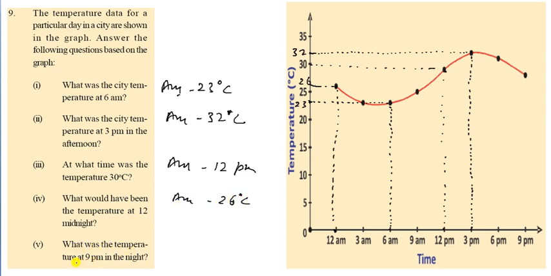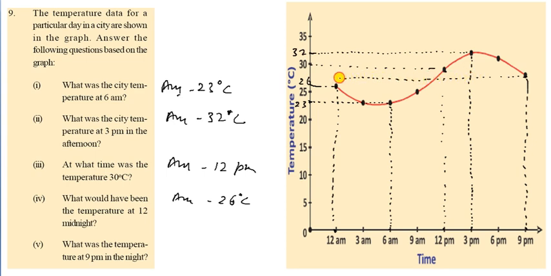And what was the temperature at 9 p.m. in the night? 9 p.m. in the night, it is the 9 p.m. So you can see here, it is the 9 p.m. So you can go upward, and you can see here this one, on the temperature axis, the y-axis.